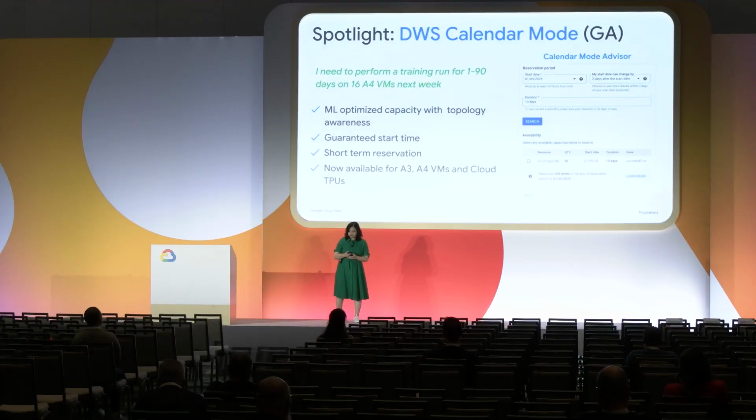Similar to a flight or hotel booking experience, calendar mode makes it super easy to search for and reserve ML capacity. So you simply define the resources you're looking for, the quantity you're interested in, your start date and expected duration, and within a few seconds, you'll see the available capacity and be able to reserve it. Calendar mode is generally available, so it should be accessible to everyone over in this room here.